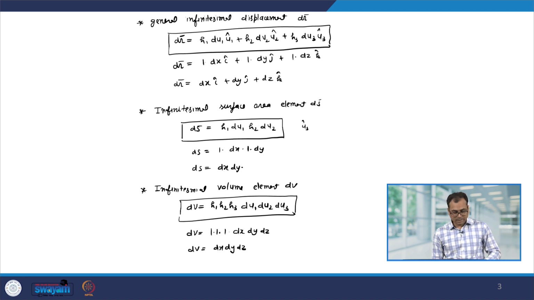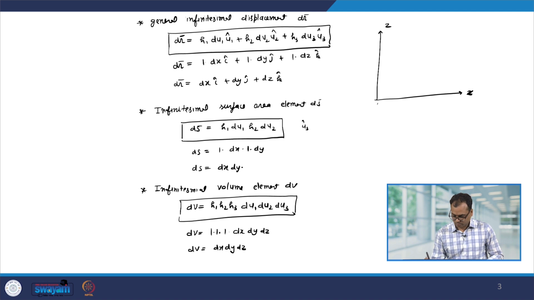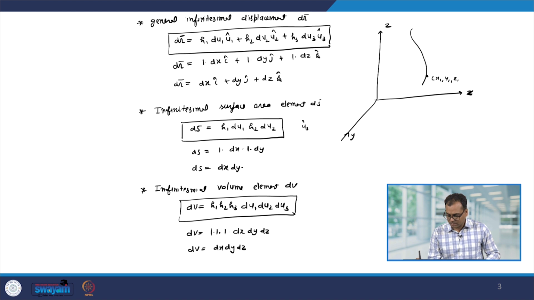Now, let us look at a very important point. In Cartesian coordinate, let us say the particle is moving and at some instant it is at this point, let us say it is some x1, y1, z1, and after some time it is at another point, let us say x2, y2 and z2.